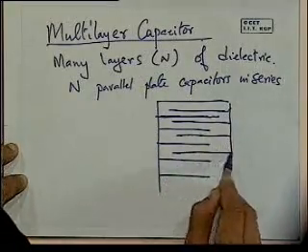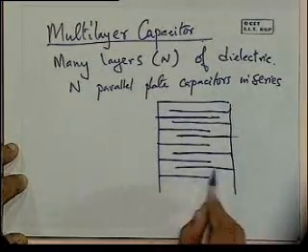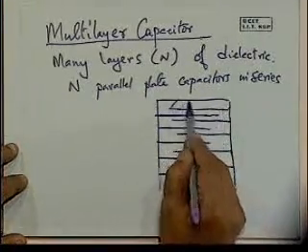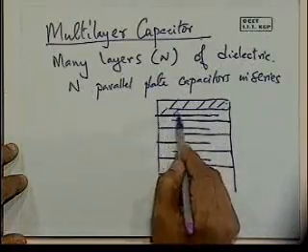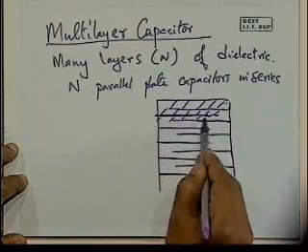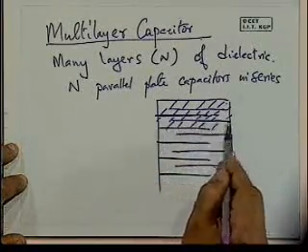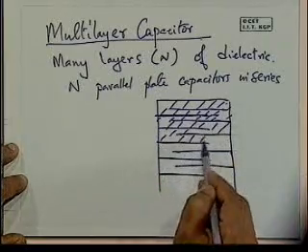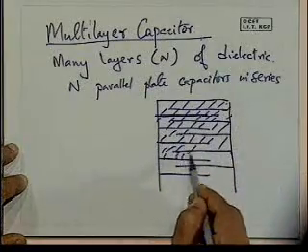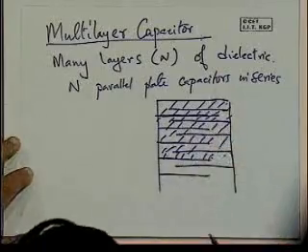Something like this. See, these are the metal electrodes, and in between is the dielectric that we have. So each of these sort of forms a pair. Between any two electrodes, we get a dielectric.